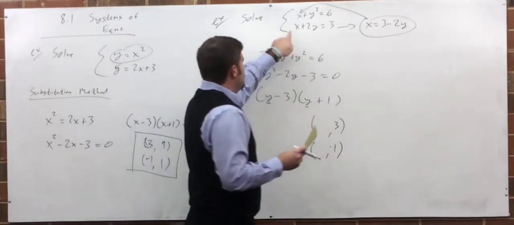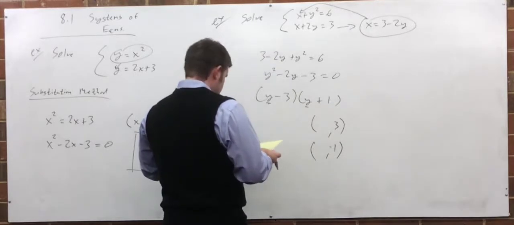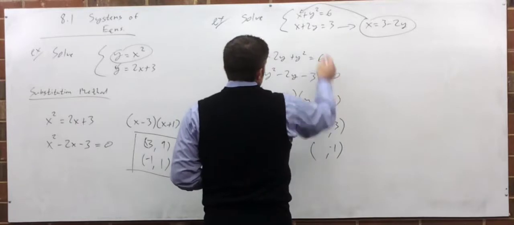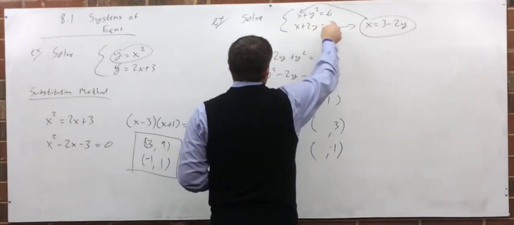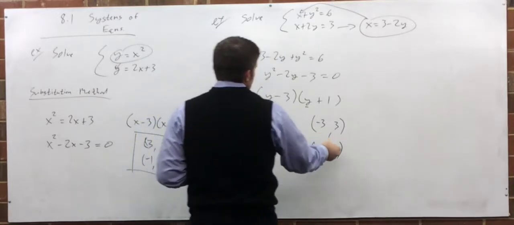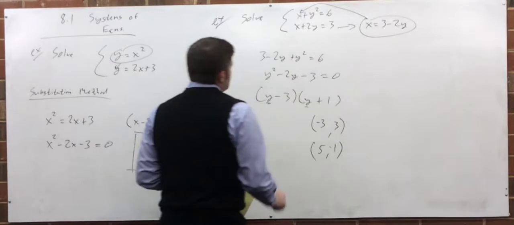We can take these y values and plug them into either one of these, whichever one's easiest. It doesn't really matter. So I'm going to plug it in here. This gives me 6, subtracting 6 gives me a negative 3, so I should get x equals negative 3. Plugging here gives me a negative 2, adding should give me a 5.